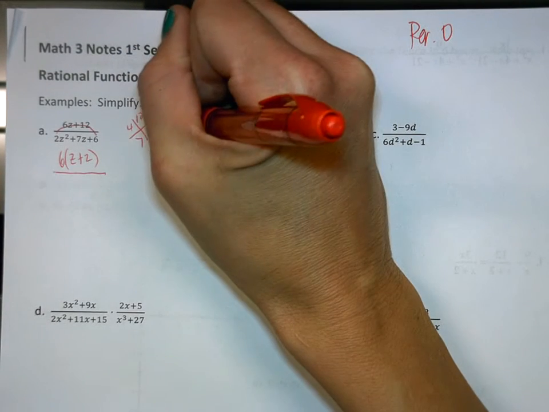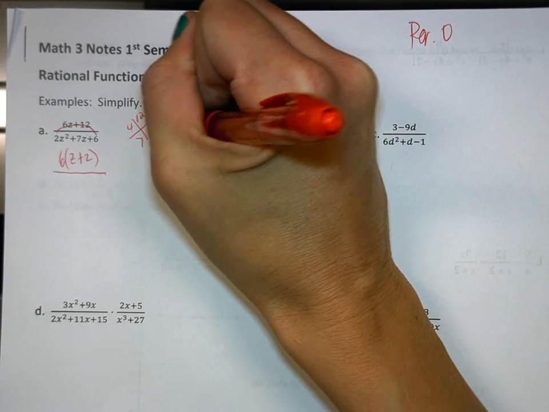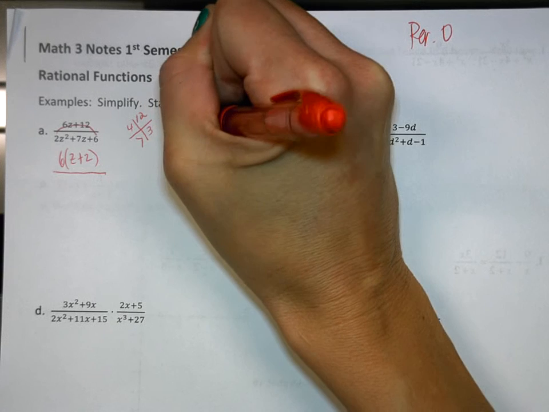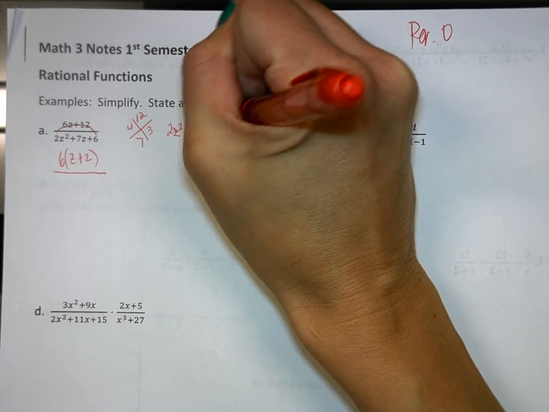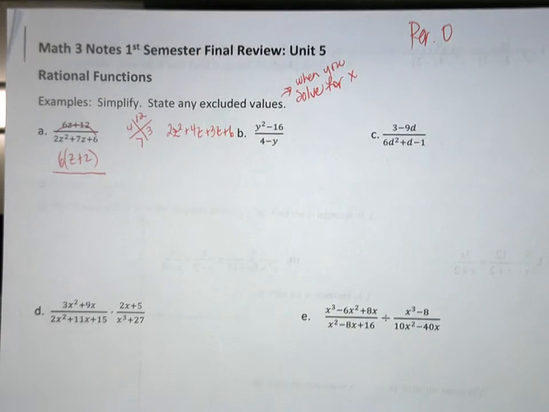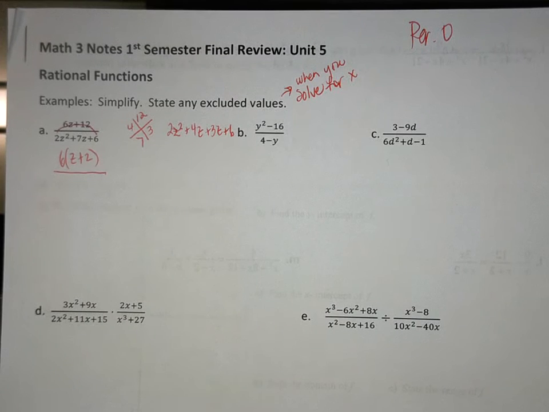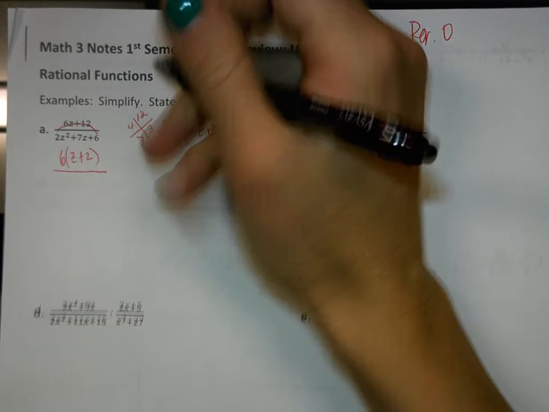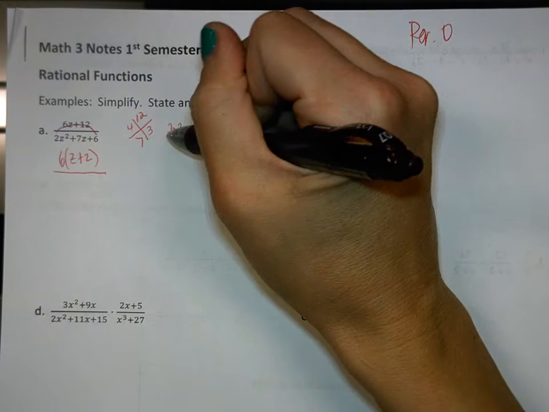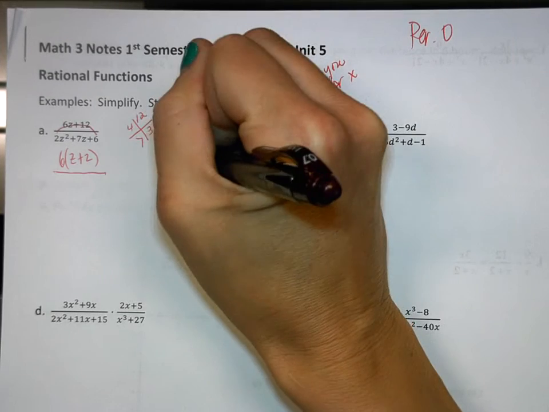And so when we write this out, it's 2z squared plus 4z plus 3z plus 6. Okay, and then we factor by grouping. And so in my first group, what can I take out? 2z. Good.